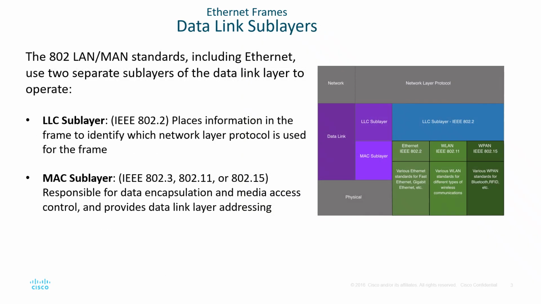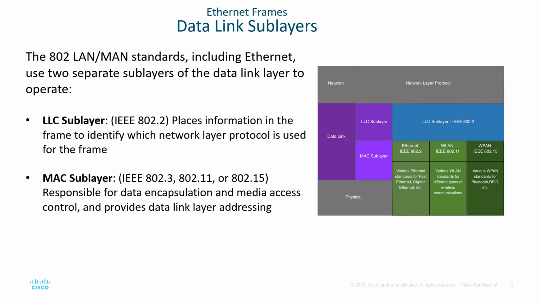The 802 LAN/MAN standard, LAN meaning local area network, MAN meaning metropolitan area network. So think of something like a Citizens Bank that has numerous locations in one city or town. So those standards, including Ethernet, use two separate sublayers of the data link layer to operate.